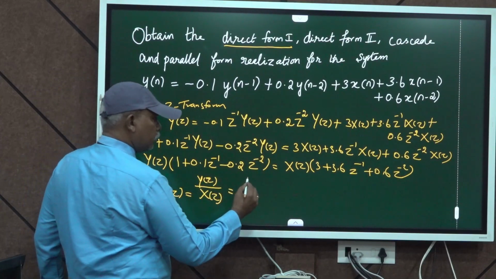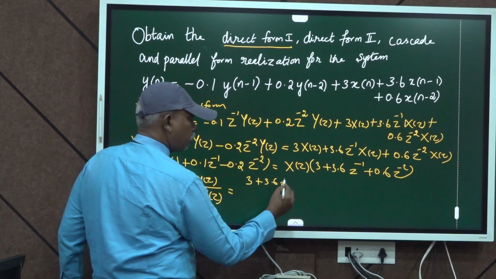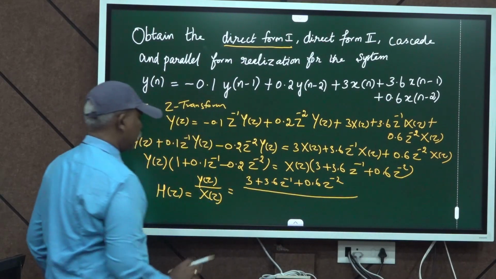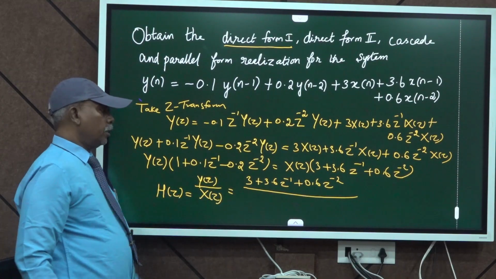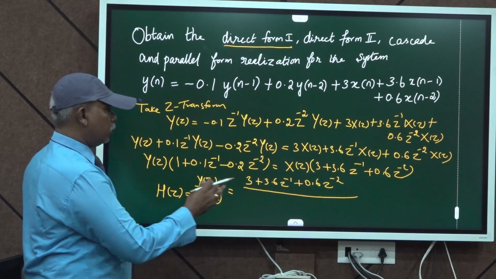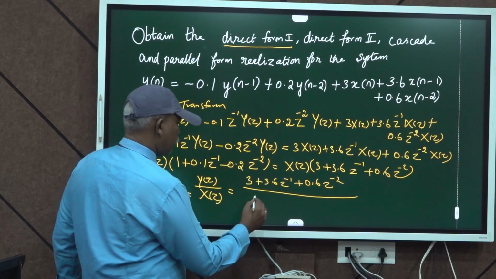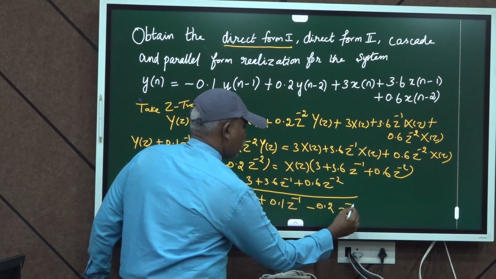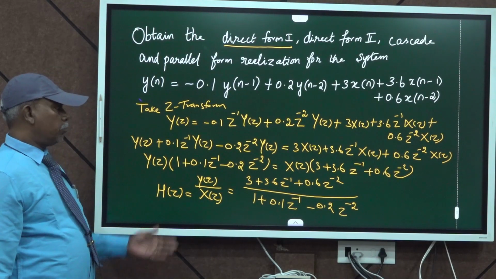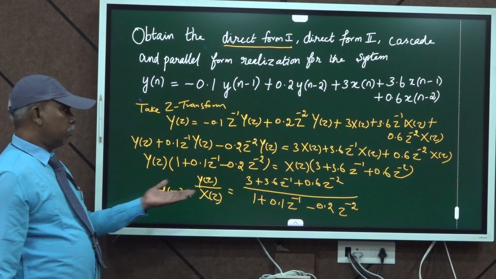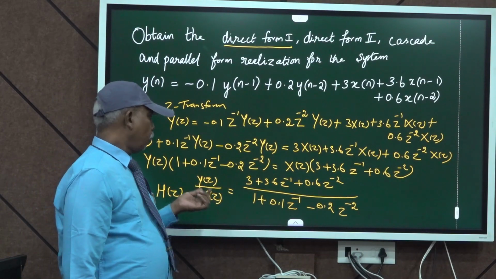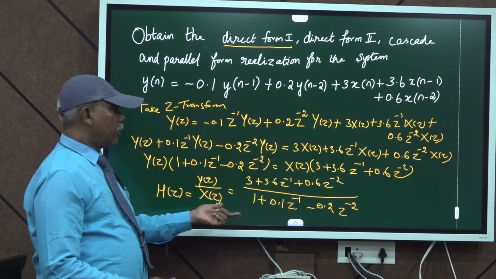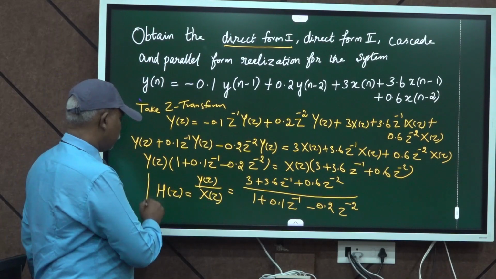The remaining thing is 3 plus 3.6 z power minus 1 plus 0.6 into z power minus 2, divided by 1 plus 0.1 z power minus 1 minus 0.2 z power minus 2, which comes into the denominator, as in cross multiplication. So this is called H of z.